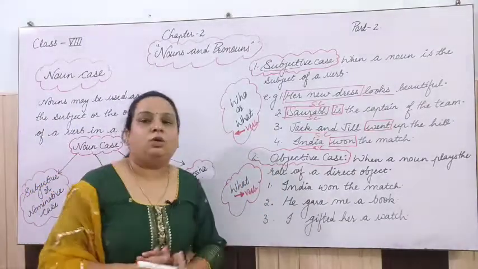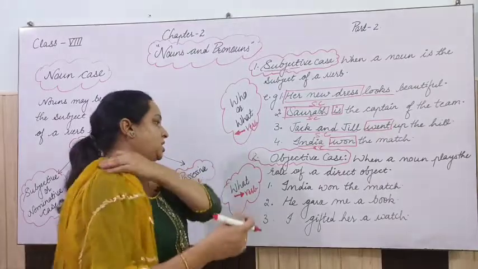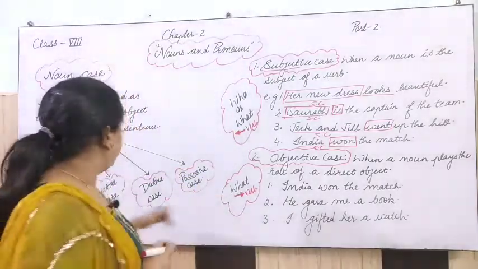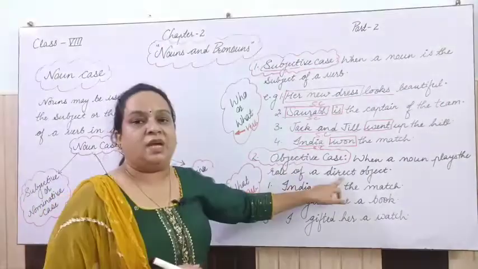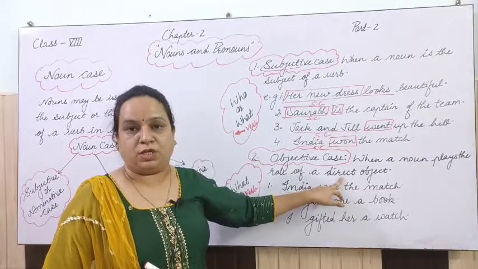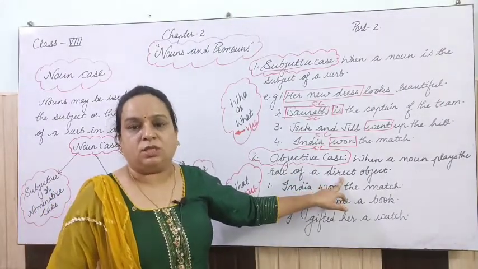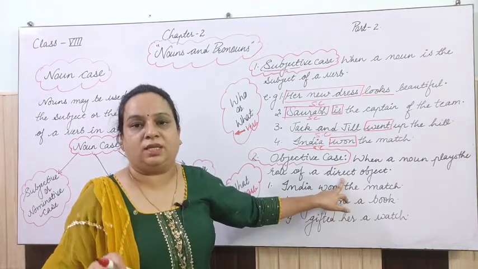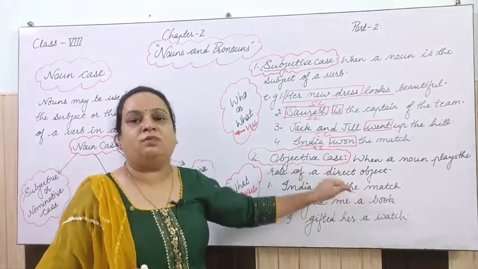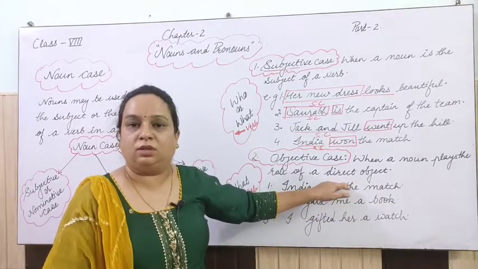Now let's talk about the objective case, that is case number 2. As we have discussed, the objective case works as a direct object. And what is the direct object? Direct objects are the things in the sentence. And what will be the position of the direct objects? That is after the verb.